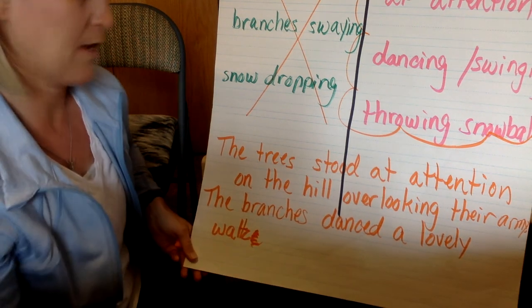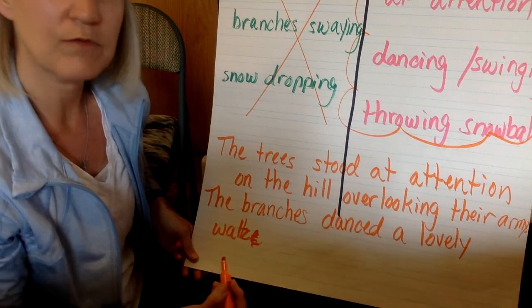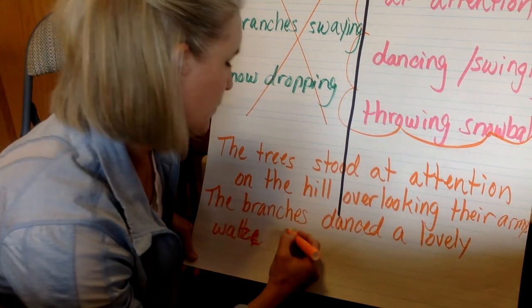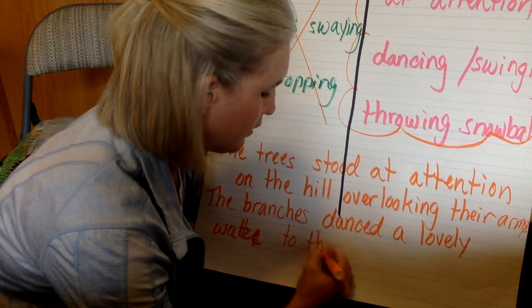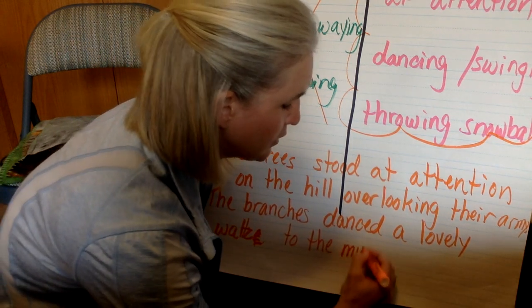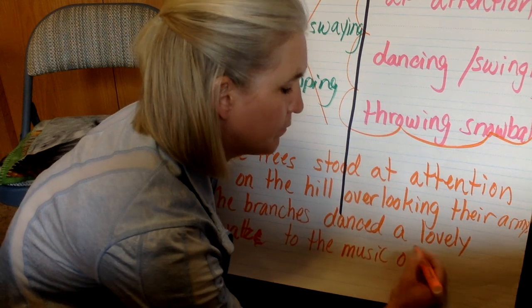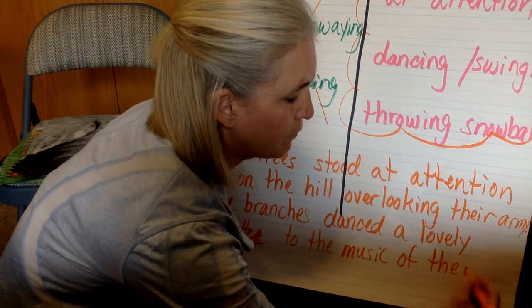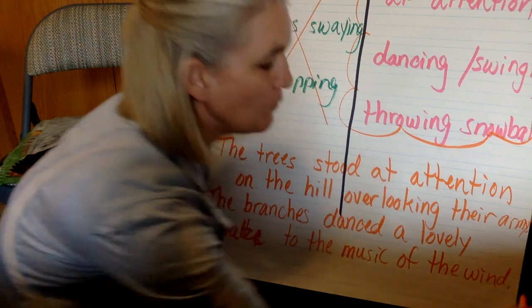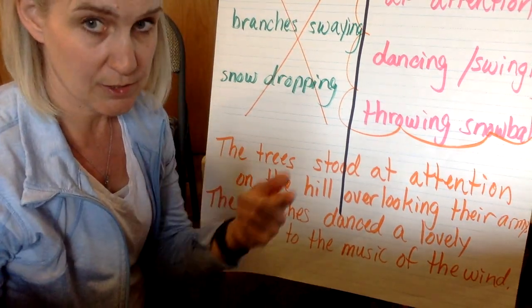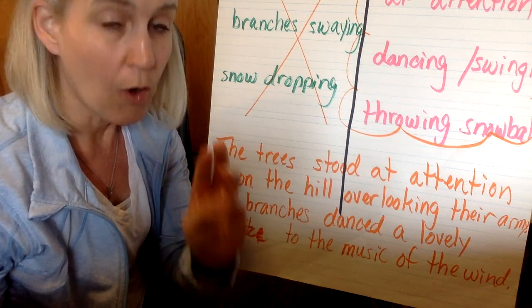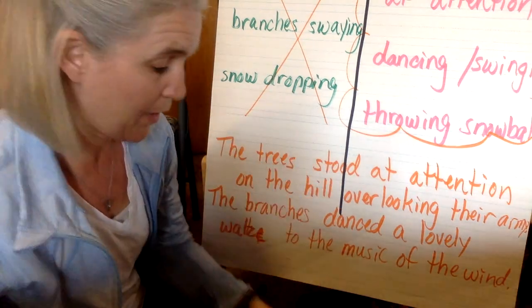I think it's spelled like that. The branches danced a lovely waltz to the music of the wind. Now, this is only 2 sentences. You're going to continue this and you'll come up with 3, or you could come up with a poem actually.